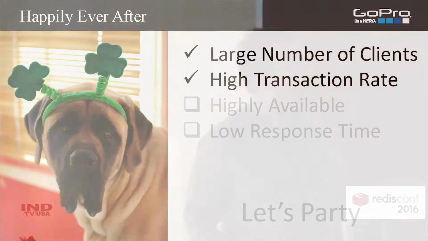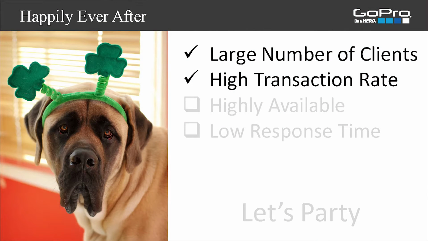So let's pause for a second in the happily-ever-after category. What are some properties we've definitely hit? Well, we've definitely hit a large number of clients. I have never seen a system with a large number of clients that does not require you to scale out the number of Redis instances. In practice, it does not work well to send tons of clients against a single Redis instance.